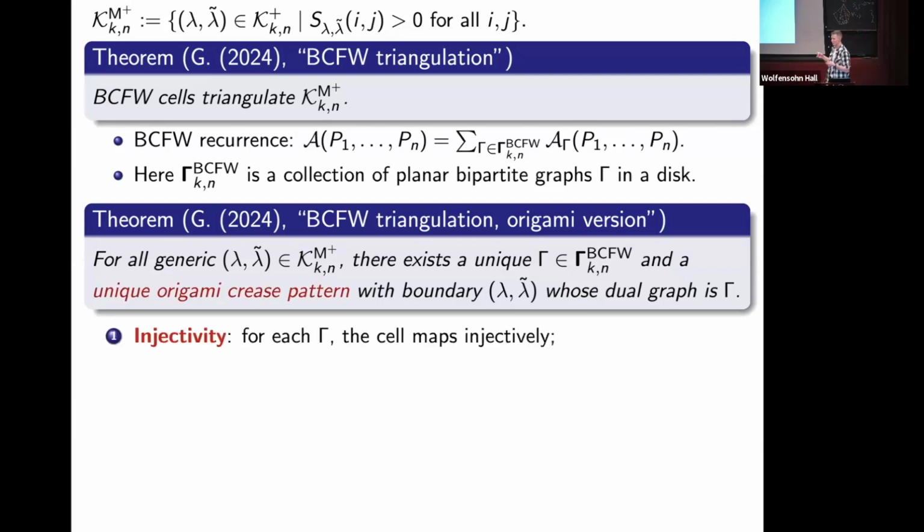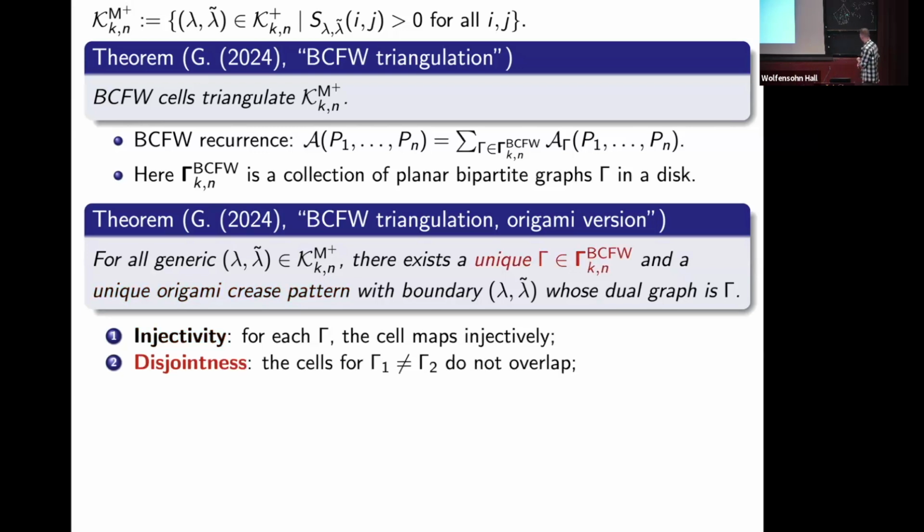And for people more familiar with the usual Amplituhedron story, usually there are 3 conditions. One is injectivity, which means that every piece maps injectively. And so in this theorem, this appears as the condition that the origami crease pattern has to be unique. There's disjointness, that any two cells in this picture are disjoint from each other, like the interiors of cells are disjoint.